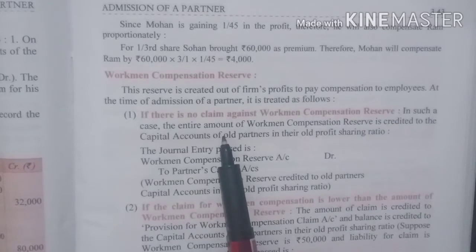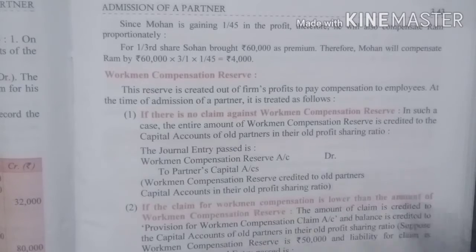But if there is no claim, nobody has come to claim that you have to pay this much compensation, what will happen? The total reserve will be transferred to old partners' capital accounts in their old profit sharing ratio.